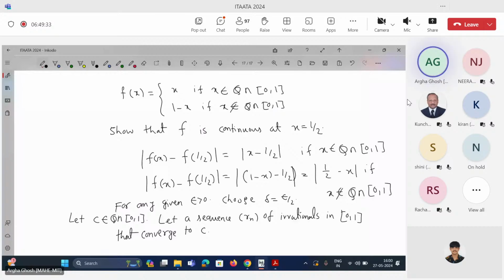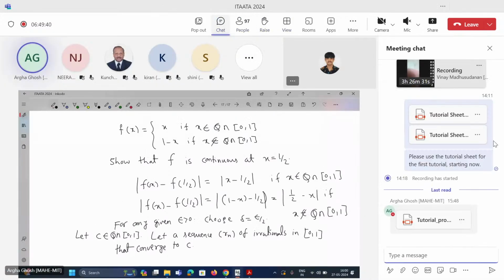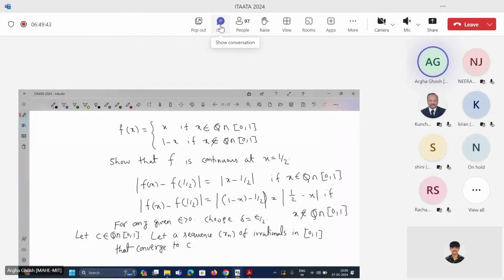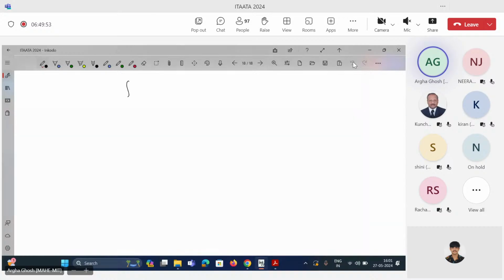Okay. Now what about f(r_n)? Because it's a rational, f(r_n) will converge to f(c). What we have is f(r_n), if it is continuous, then it should converge to f(c). But f(r_n) is 1 minus r_n, and because r_n converges to c, 1 minus r_n will converge to 1 minus c.